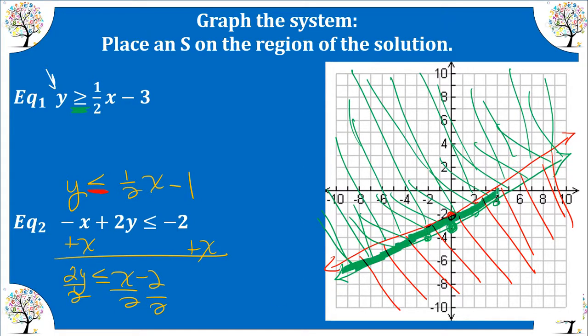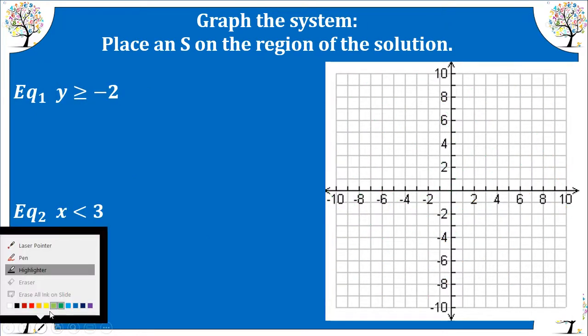All of these points and the ones on the lines, because the green was shaded above and the red was shaded below. So these are your solutions. So you do have solutions sometimes when you have parallel lines with inequalities. If the red was shaded above and the green was shaded below, they would not have intersecting regions of shade.